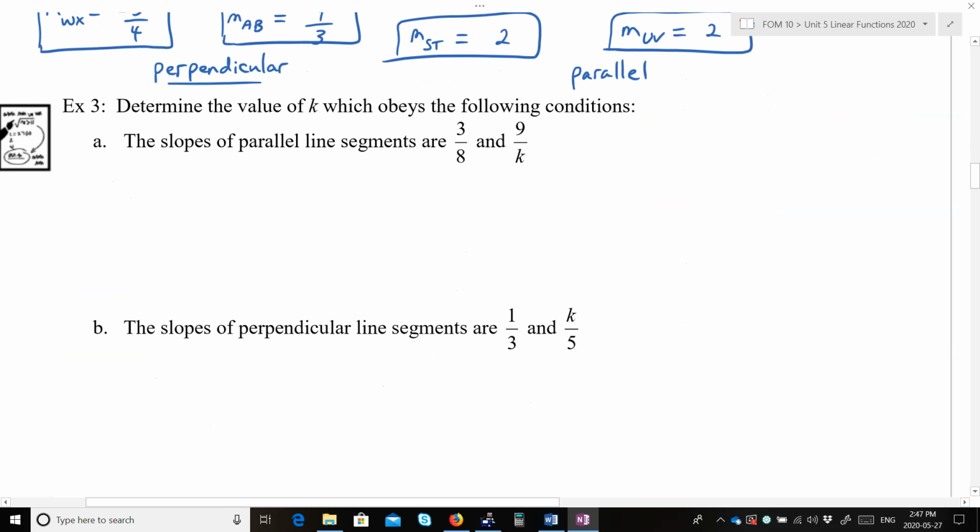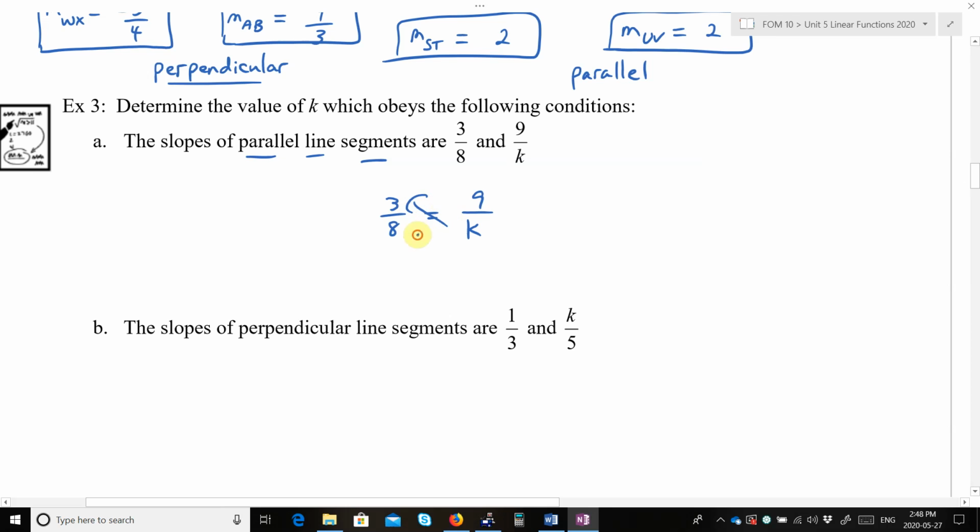Okay, example 3 says determine the value of k which obeys the following conditions. The slopes of parallel line segments are 3 over 8 and 9 over k. Parallel line segments have equal slopes, so we just go 3 over 8 has to equal 9 over k. And we could do this by cross multiplying if you want.